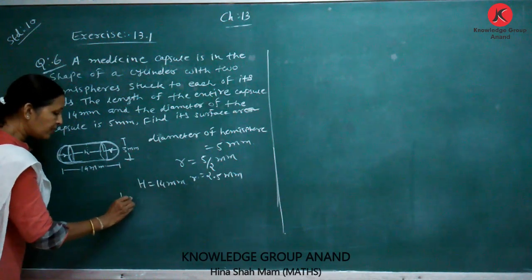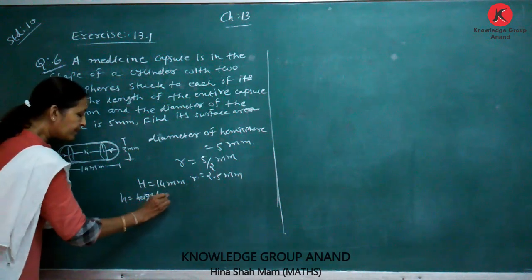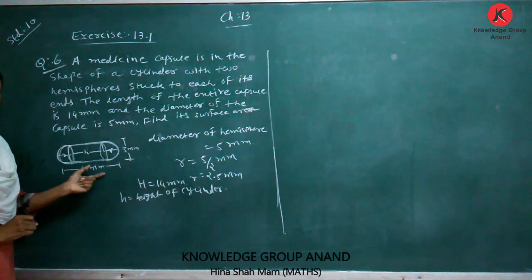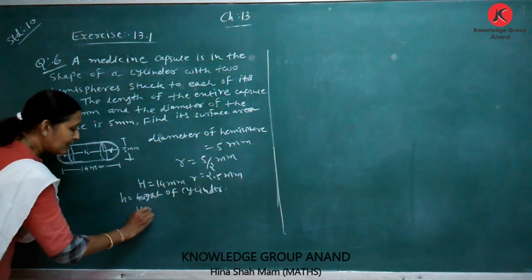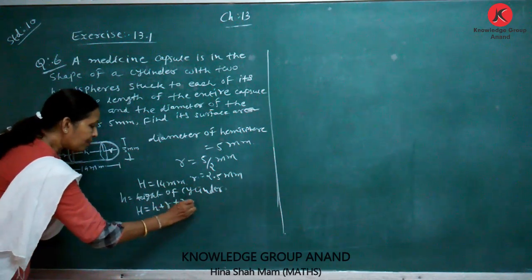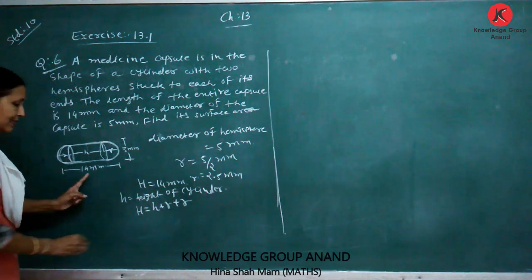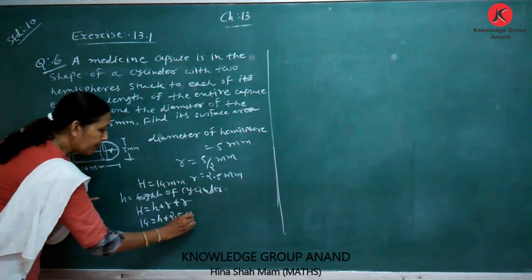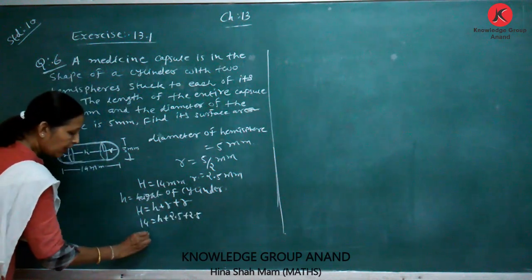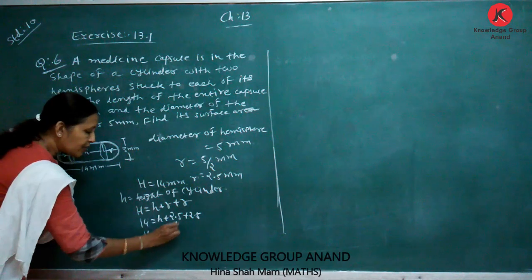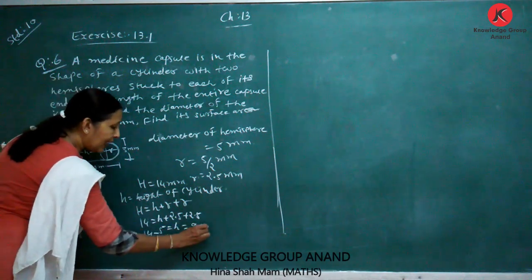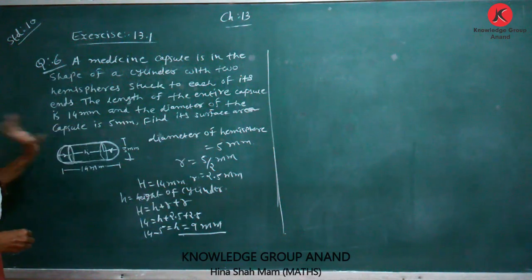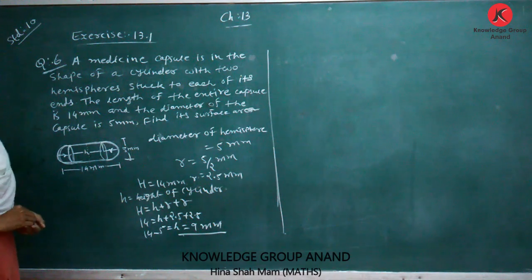So capital H is equal to h plus 2.5 plus 2.5, that is 14. 14 minus 5 is equal to h. h is equal to 9 millimeter. The height of the cylinder is 9 millimeter.